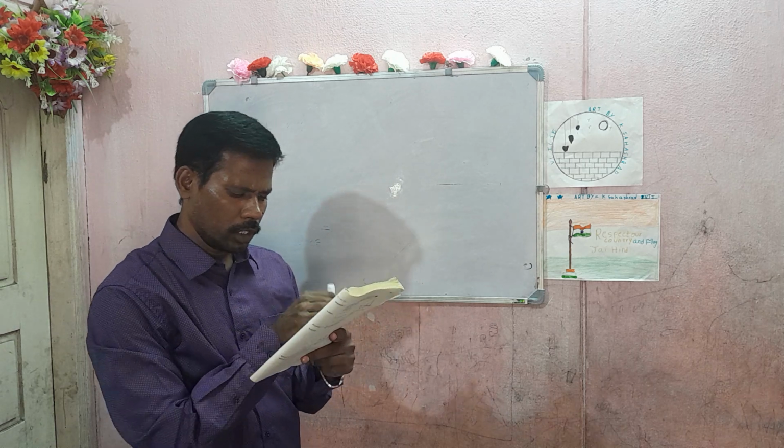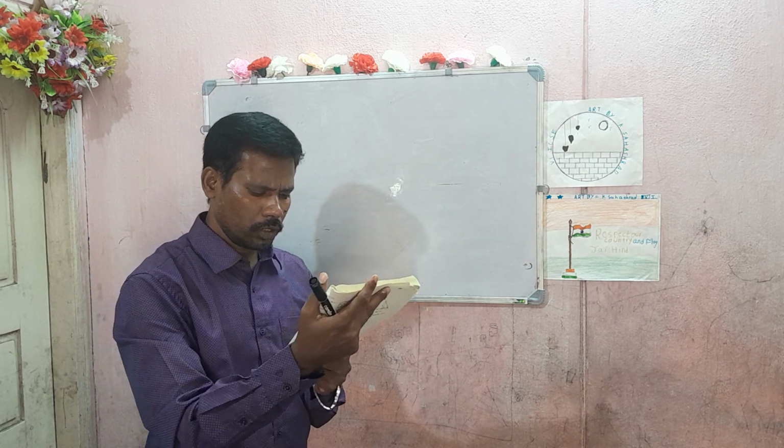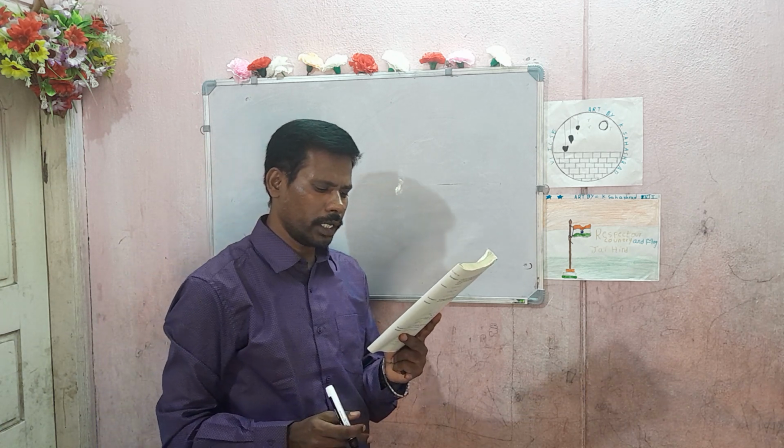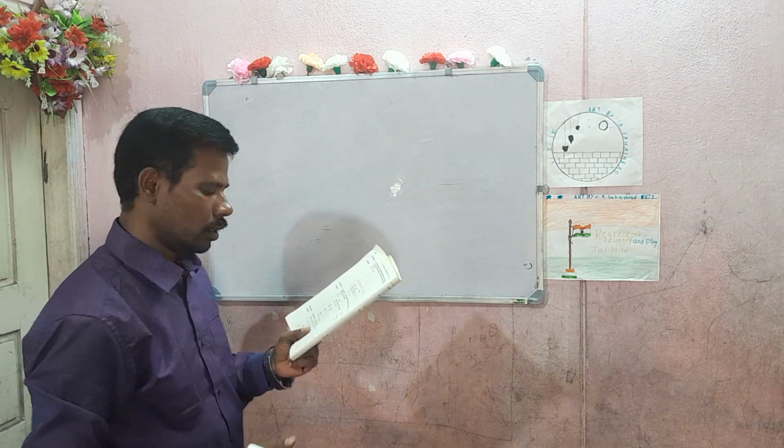DE is parallel to BC. They only gave DE is equal to 4 centimeters, BC is equal to 8 centimeters. Area of triangle ADE is equal to 25 square centimeters. Find the area of triangle ABC.